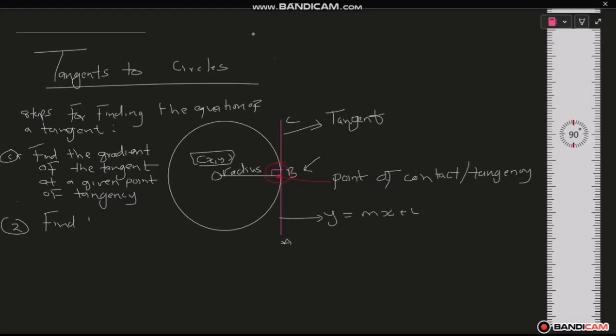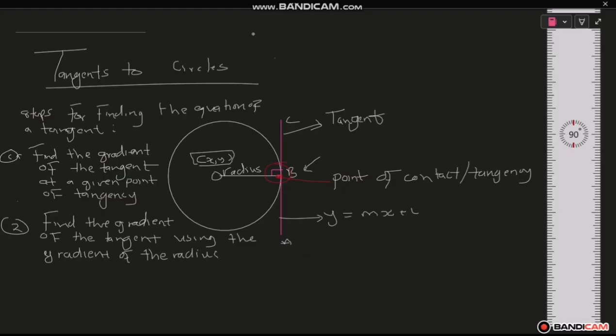you find the gradient of the tangent using the gradient of the radius.